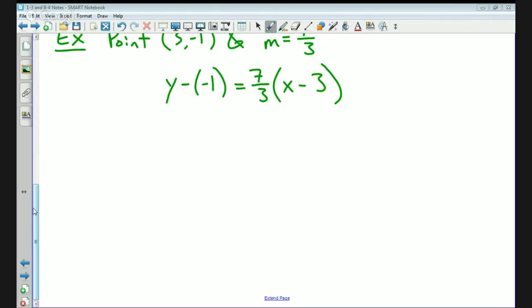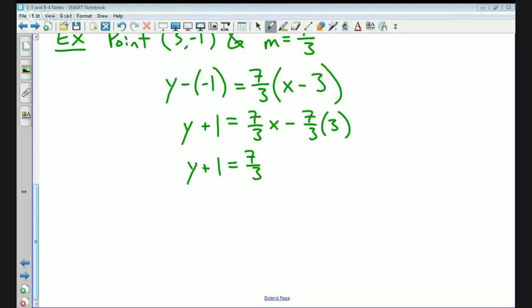So if we look at this, on the left side, we have y plus 1 equals, distributing the 7/3, we'll get 7/3 x, and then minus 7/3 times 3. Remember this 3 could be forced to be over a 1, and when you multiply, straight across the top, straight across the bottom.